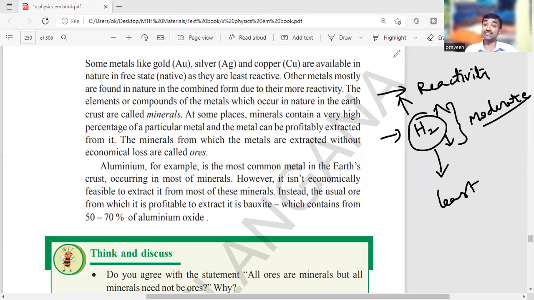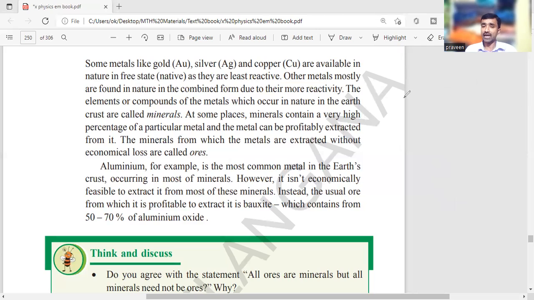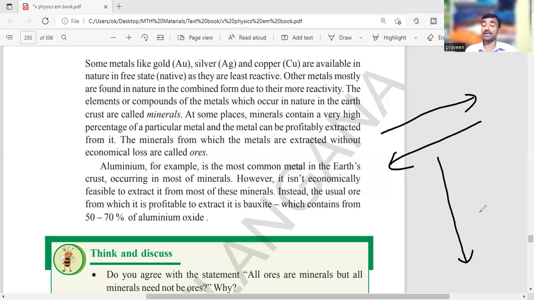So with the reactivity series you are able to build the elements in an order, which may be increasing or decreasing. Always the reactivity series is given in decreasing order of reactivity, high to low.